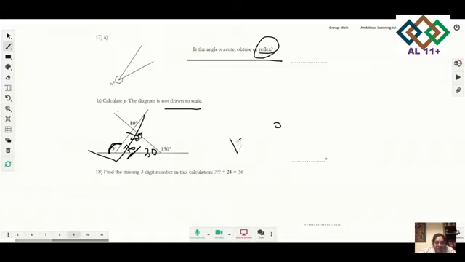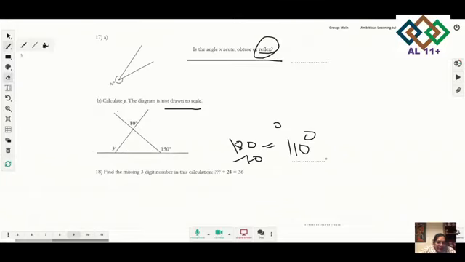And then just 180 minus 70. You will get your answer as 110. So basically, you're looking at the angles inside, and then you're looking at y. Till you find what the angles inside are, only then can you find y.